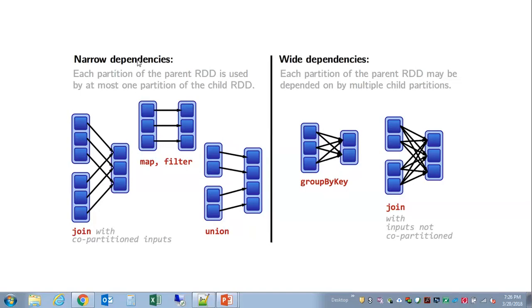There are two types of transformations. One is narrow dependency transformation, and the other is shuffle.